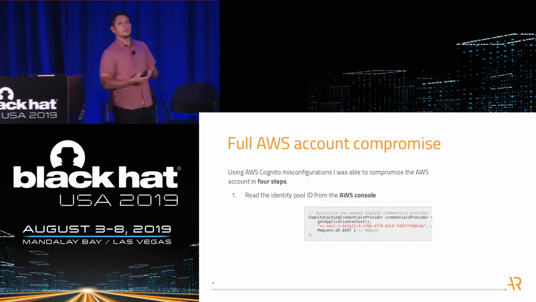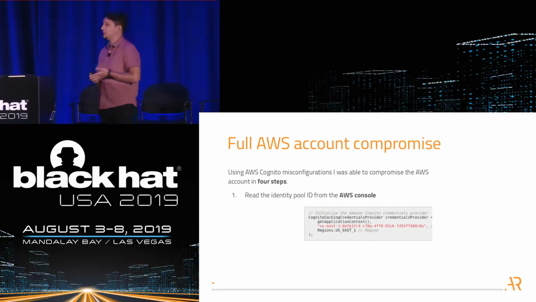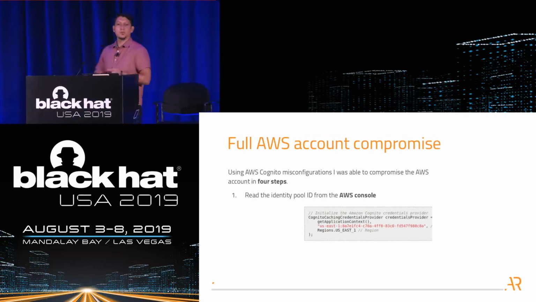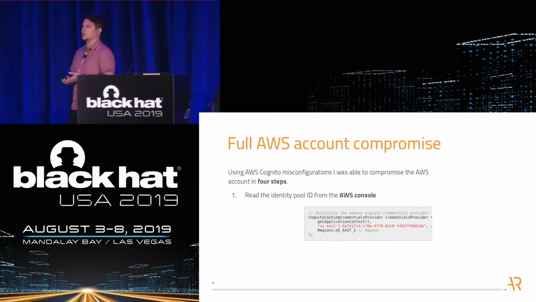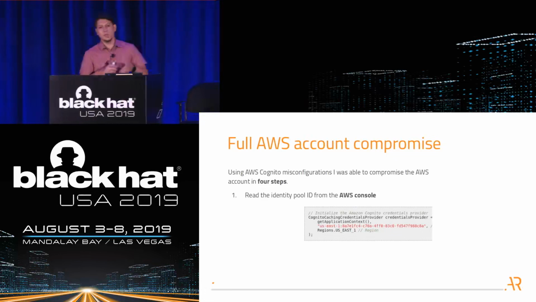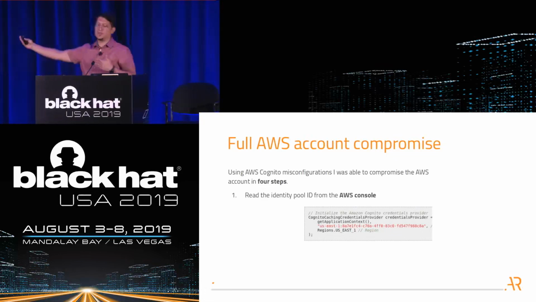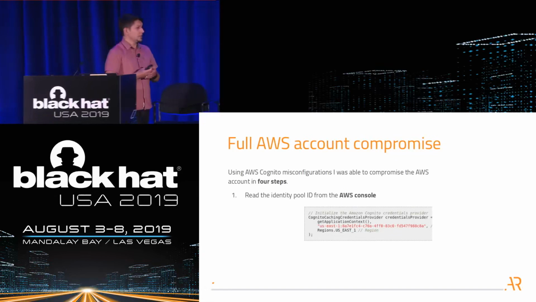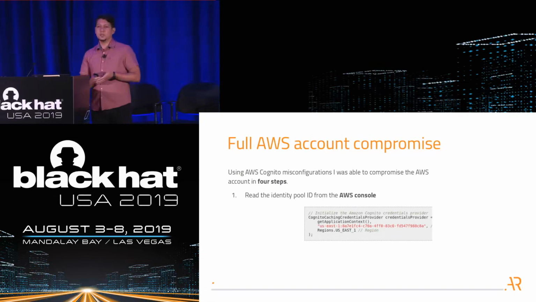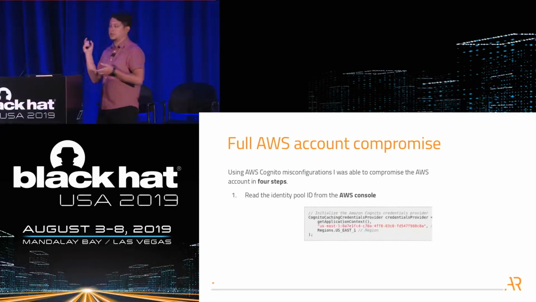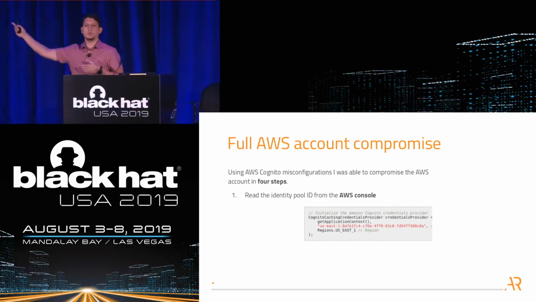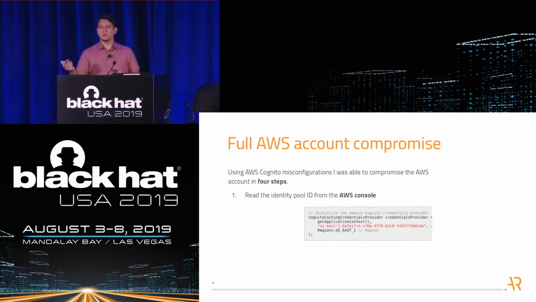So during this assessment, I was able to gain full access to the AWS account, exploiting Cognito misconfigurations. And I'm going to first explain how I did it, and then we're going to try to automate that process. The first thing that I did was to use my read-only credentials to extract the identity pool ID, which is what you see there in red, from the AWS console.